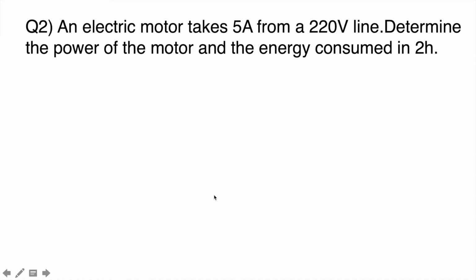Question number 2. An electric motor takes 5 ampere from a 220 volt line. Determine the power of the motor and the energy consumed in 2 hours. So we should find the power and energy, both. The basic formula we discussed already: power is equal to energy by time.